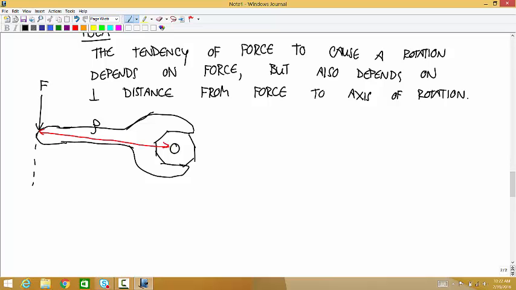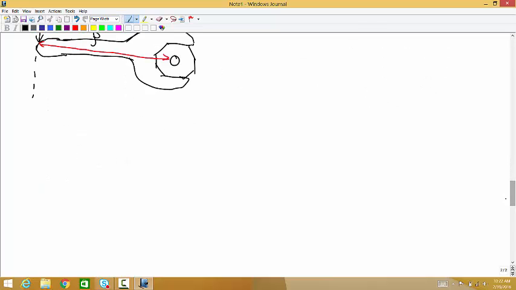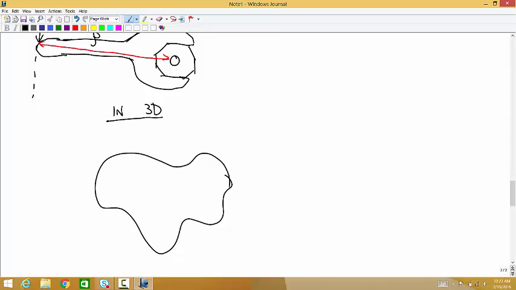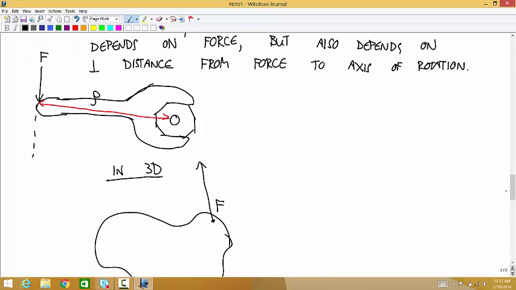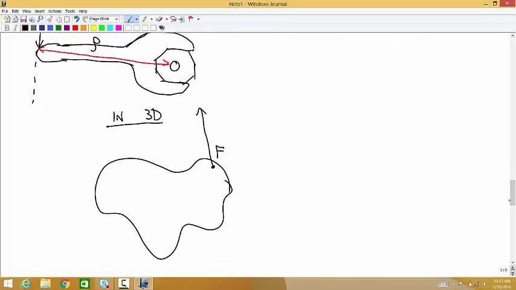Okay. And so in 3 dimensions, if this is the object, and the force is like that, and let's say that your about point is here.